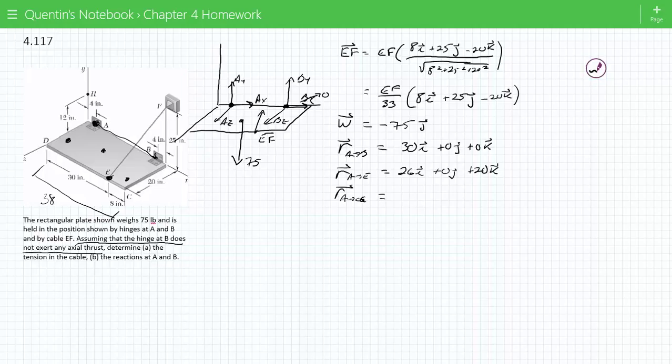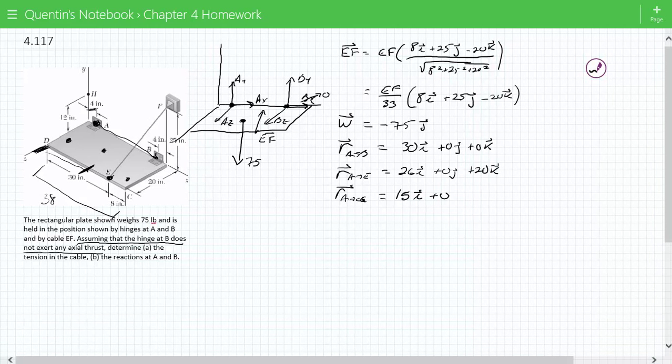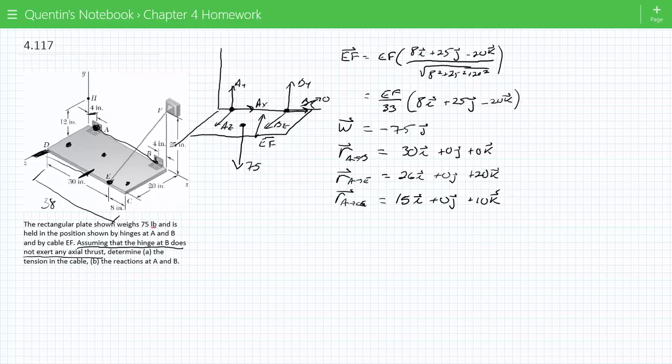So that 38, from here to here, is going to be half of 38, which is 19. And that's what they put in the solutions, but you have to subtract off this 4, so that's going to be 15 in the I direction, again 0 in the J, and plus 10 in the K. Okay, I like doing this because now I can go through and do all my work, and I have all the answers really clearly here.